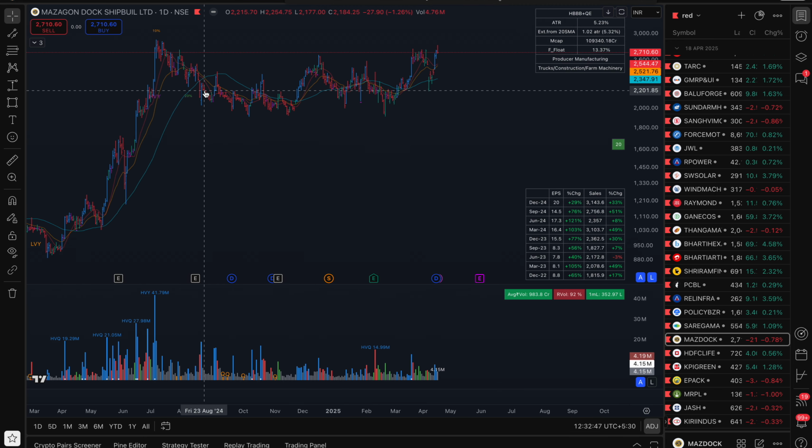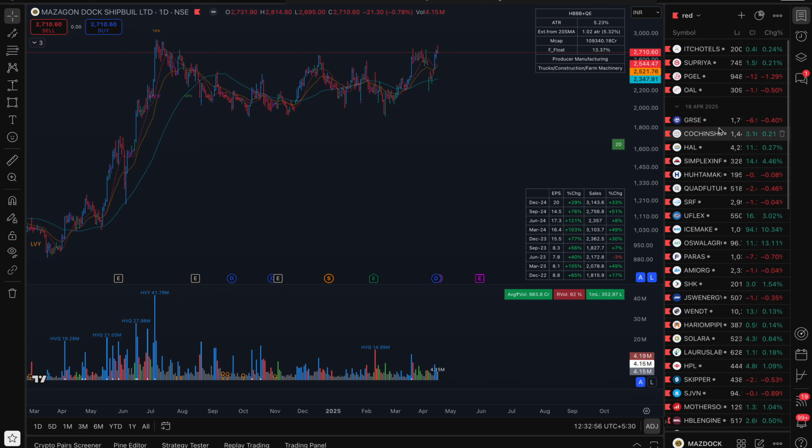Now you can see the difference between Mazagon Dock and your other shipbuilding names like GRSE and what's the other one, Cochin Shipyard. You can look at the base price is right now at the O'Neill pivot or the all-time high of Mazagon versus GRSE and Cochin, not so much, right?